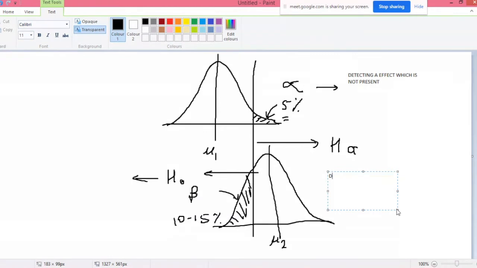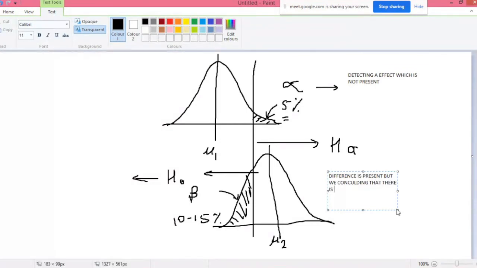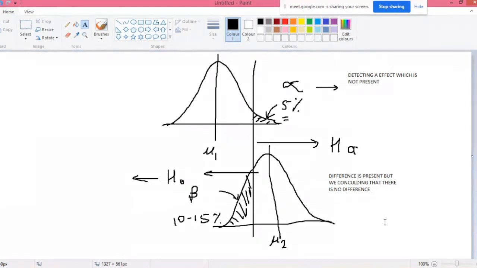In actual, the difference is present, but we are concluding that there is no difference. Fail to detect the difference. Is this clear? So beta risk is 10 to 15%.